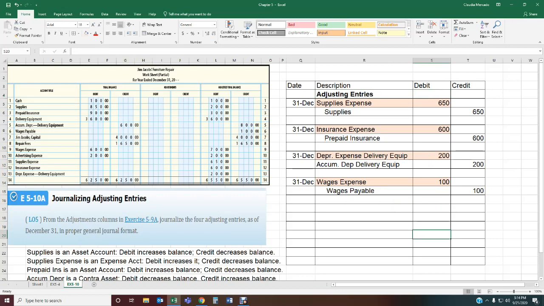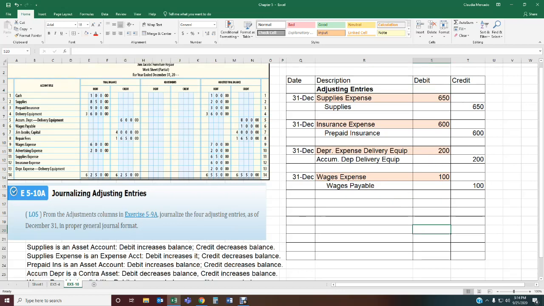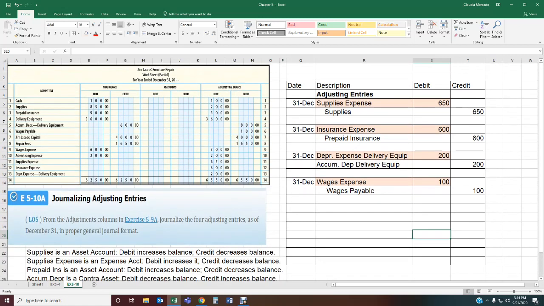So you're going to have something similar to this on your test. Make sure that you're able to analyze and compare. Remember, if the balance from your beginning trial balance to your adjusted trial balance stayed the same, no adjustment is needed. If your balance either went up or went down, then you have to figure out what happened here. And that is where you have to record your adjusting entries.